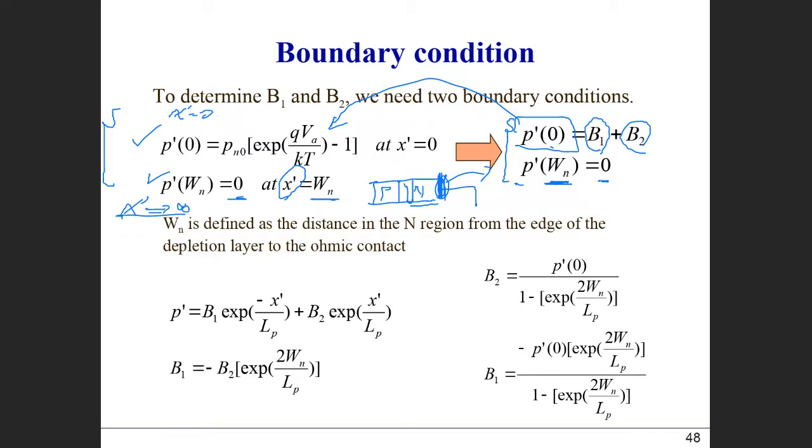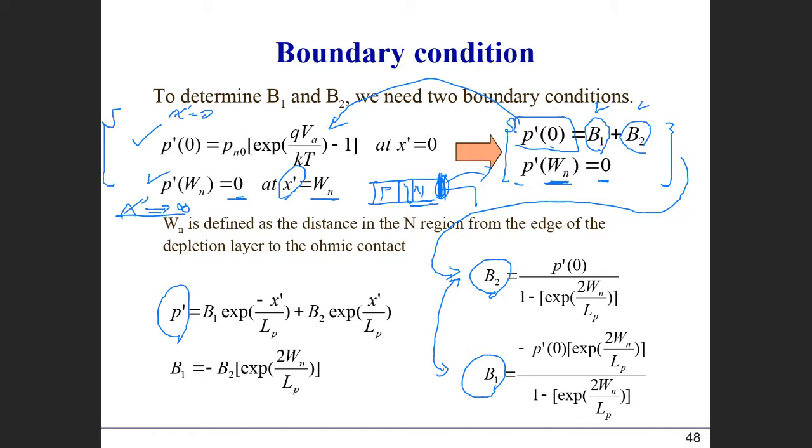That gives us another equation. With two equations and two unknowns, we can obtain the P2 and P1 coefficients. Now we have the complete equation describing the excess hole concentration, an exponential equation, with the P1 and P2 coefficients obtained from this equation.